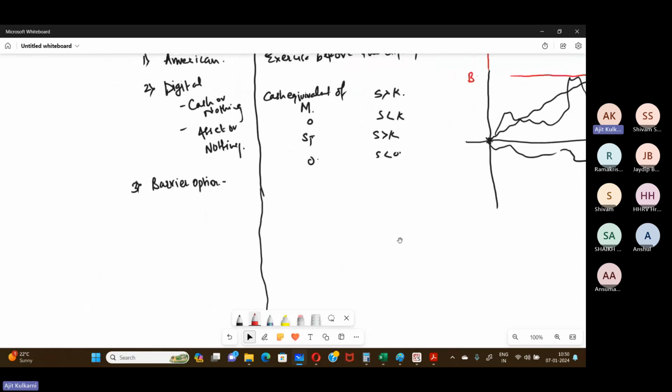So barrier option has 4 subtypes: up and in, up and out, down and in, down and out. All four combinations are there depending on where the barrier is with respect to strike.